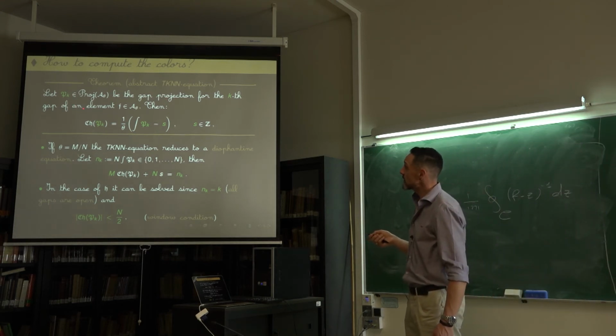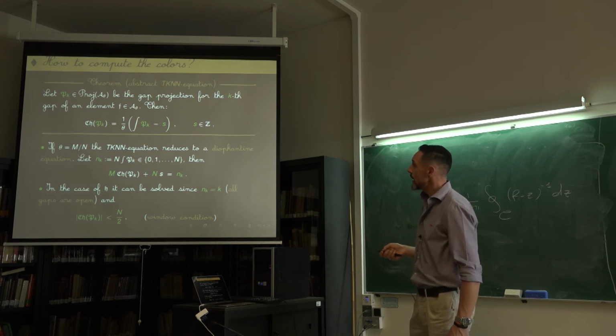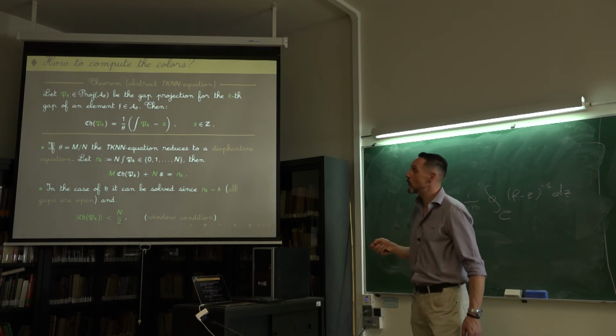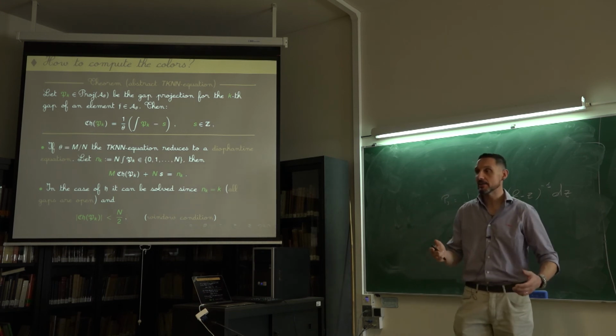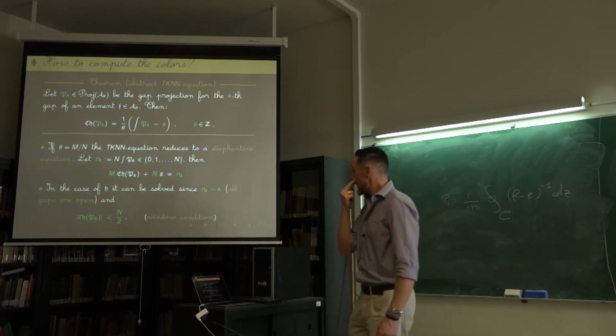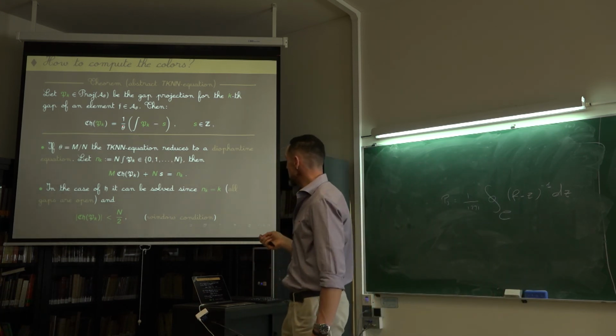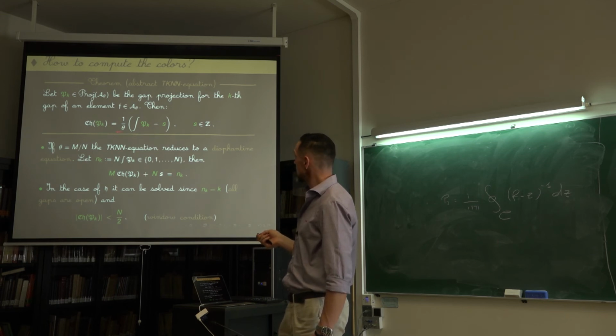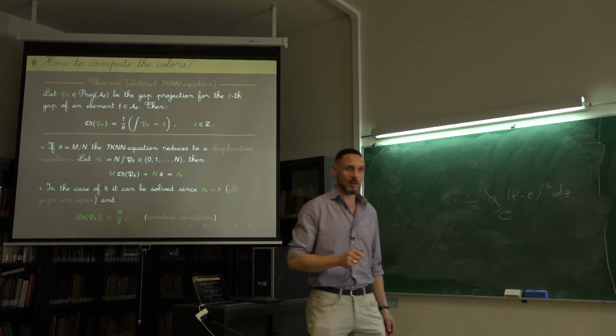Essentially it tells us this: if I take a projection in the algebra for the gap, for the gap of an element F, then the Chern classes can be computed by an equation of this type, where S is an integer. Okay? And this formula is correct even for irrational theta.